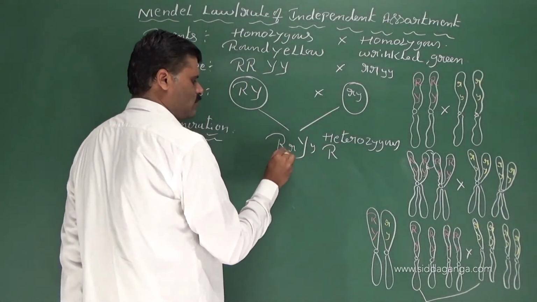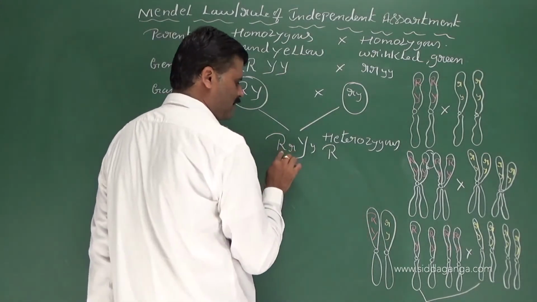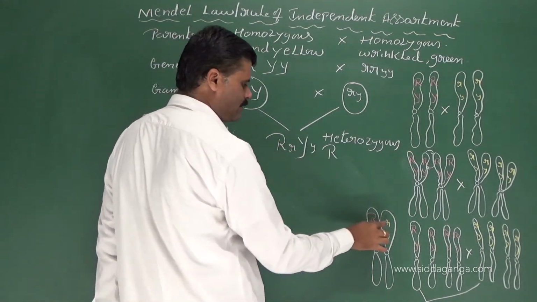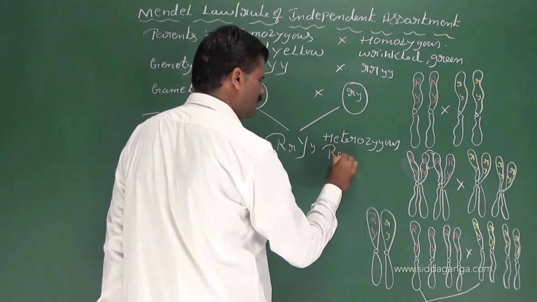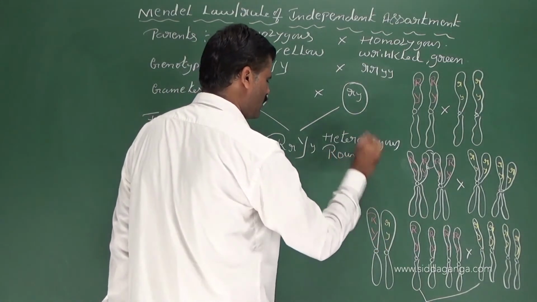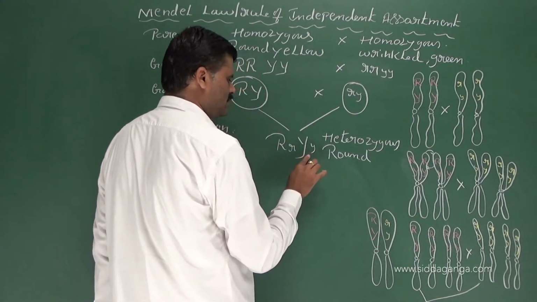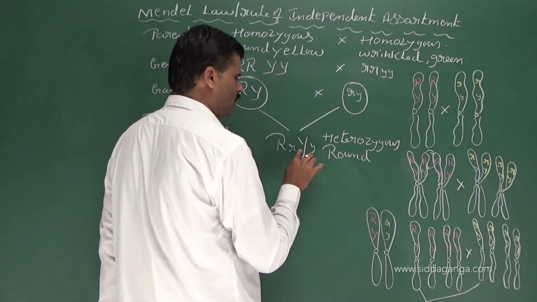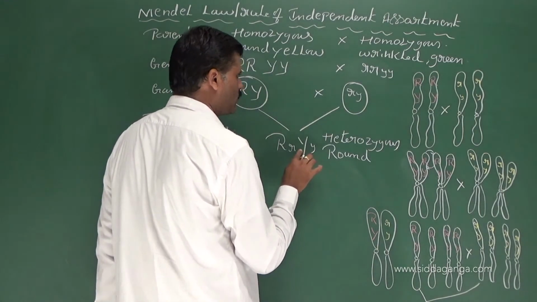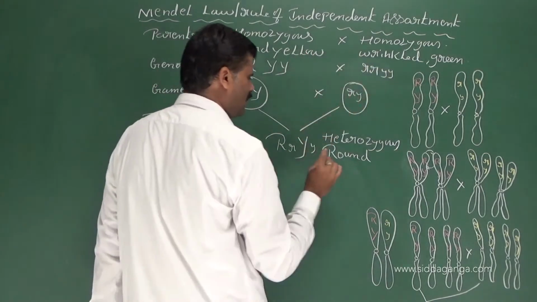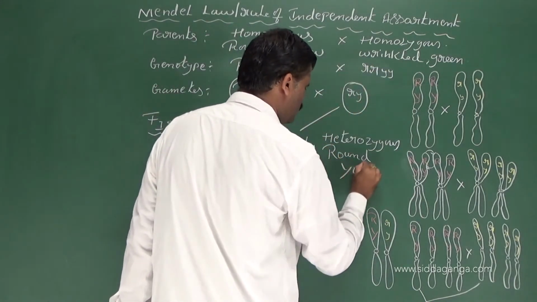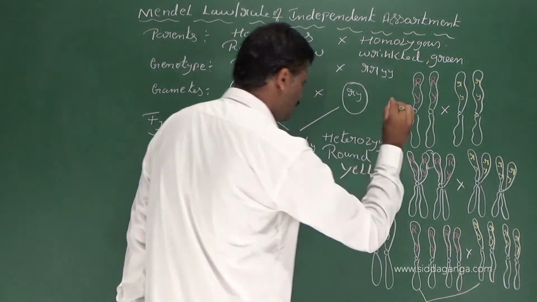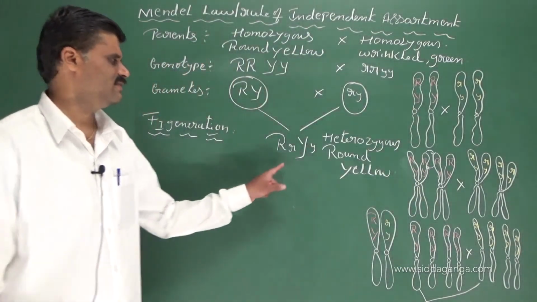See here, one is round and wrinkled gene, but the expression of the character is round. Round suppresses the wrinkled. Round is dominant. And in these two genes, capital Y suppresses the small y. Capital Y means yellow, suppresses the green. Round yellow. Understood?